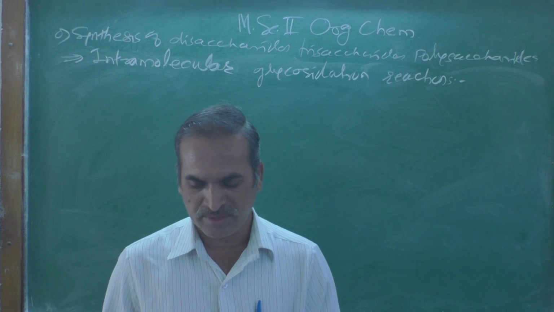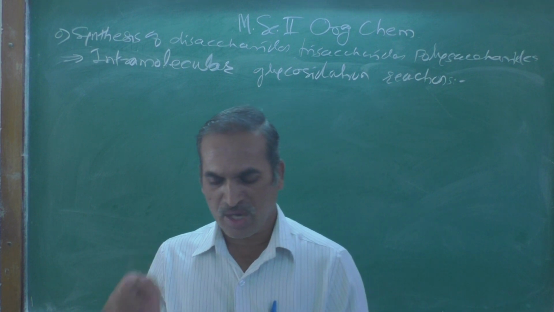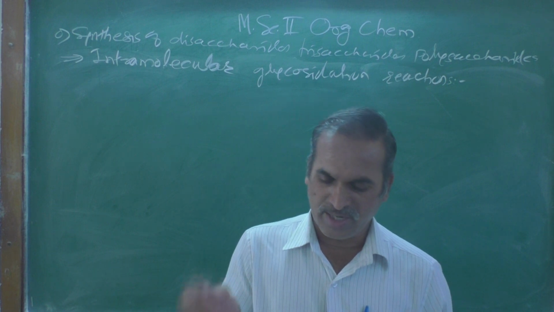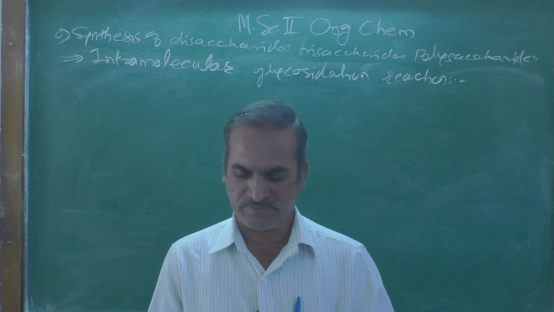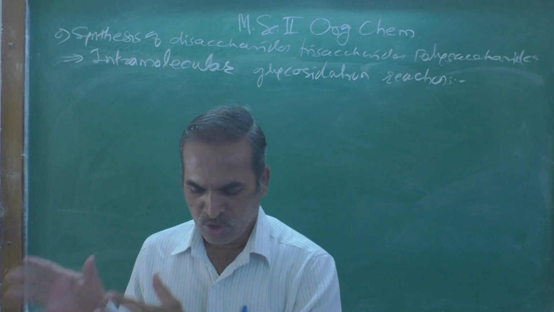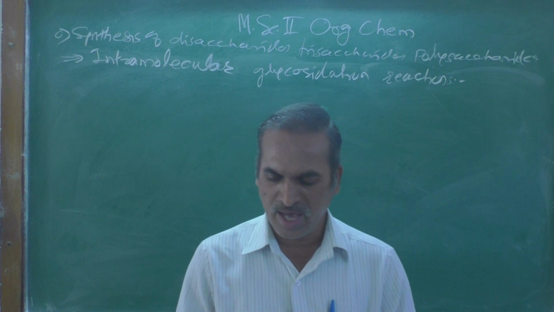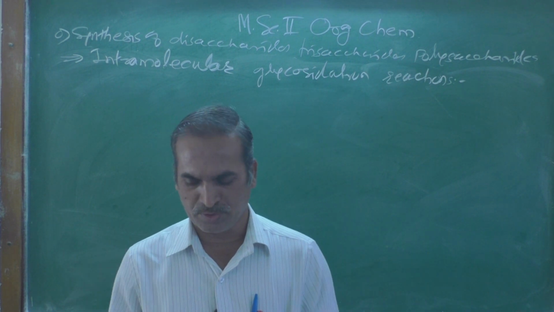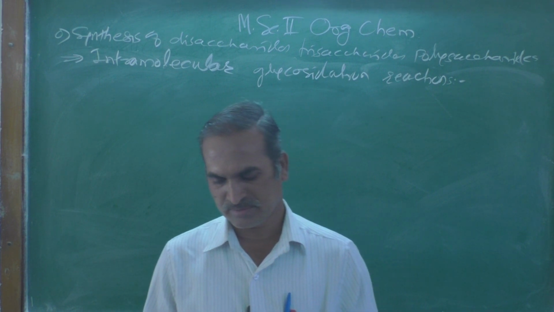Two problems are usually encountered in the synthesis of a glycosidic bond: unreactive hydroxyl groups and lack of diastereoselectivity, that is, the formation of alpha and beta epimers. To overcome these problems, in the last decade chemists have explored a new approach, intramolecular glycosidation reactions.